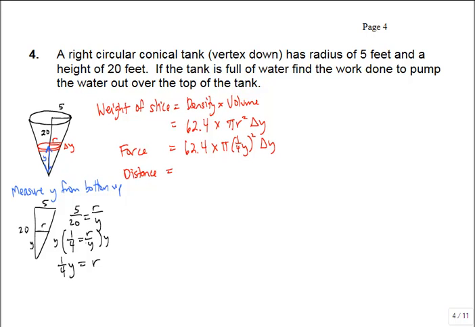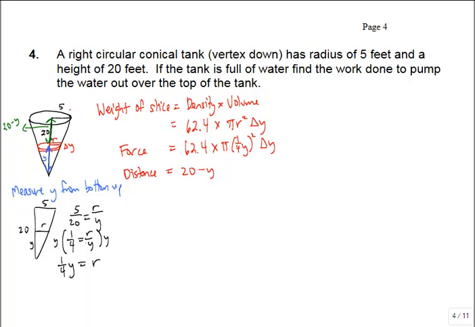Well, if I have y height from the bottom, then what would be this height right here that's left for that red slice to go up to the top? The whole height is 20, and this bottom height is y, so that means this green height is 20 minus y. So I need to move this red slice a distance of 20 minus y to get it up to the top.